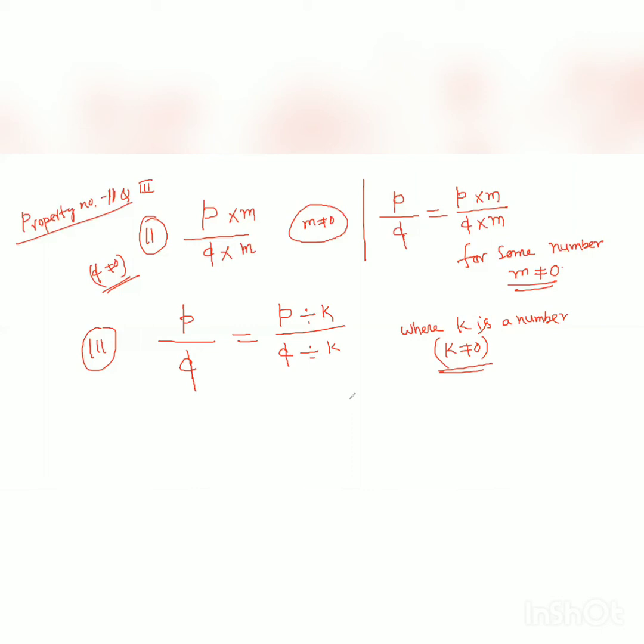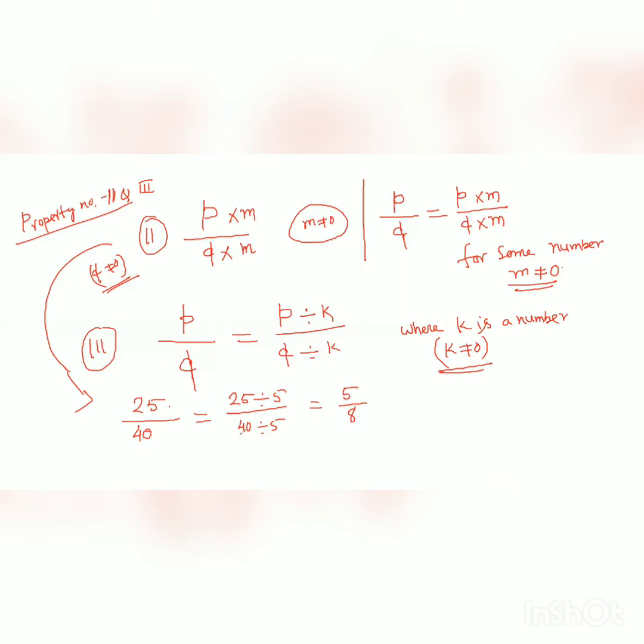Let us take some examples to clarify these properties. Suppose there is 25 by 40. We can divide by a non-zero number. Suppose we divide 25 by 5 and 40 by 5. Then it will become 5 by 8. So 25 by 40 can be written as 5 by 8.